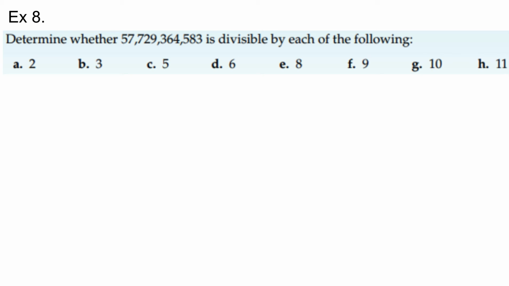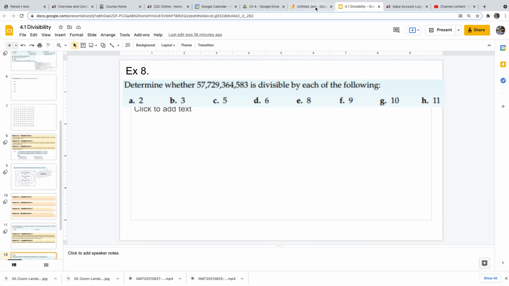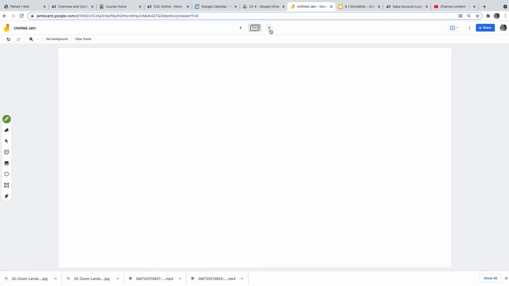Okay, so let's go to this Jamboard again. Let me write down our big number: 5, 7, 7, 2, 9, 3, 6, 4, 5, 8, 3. How do we read this number? Let's put some commas.